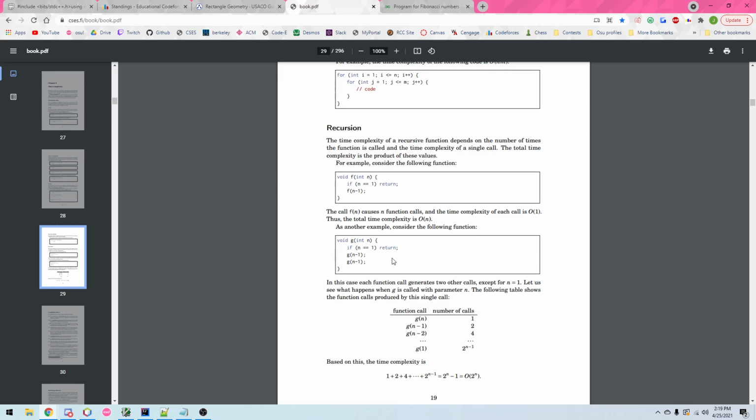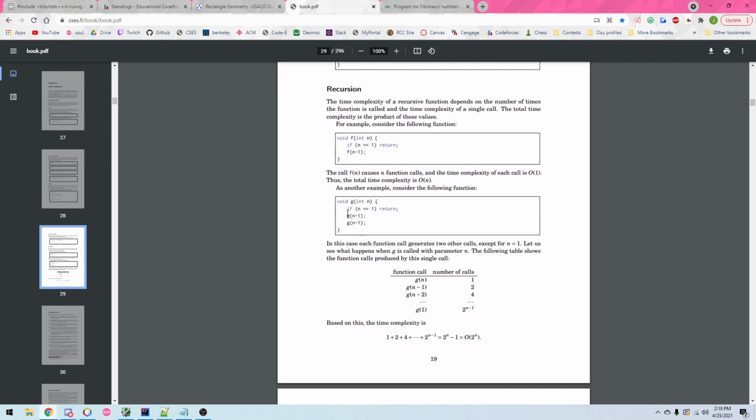For this one though, we have some value n, but we're calling the function 2 times for each recursive call. So it's gonna constantly branch out, because each one call will make 2 more calls, and then those 2 calls will each make 2 more.